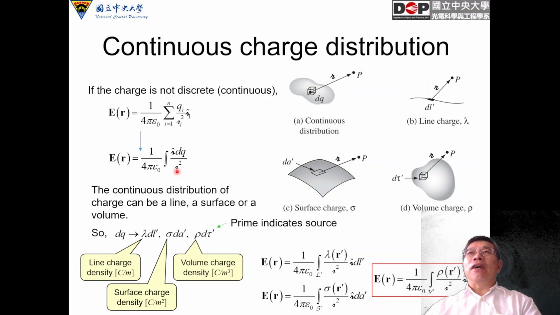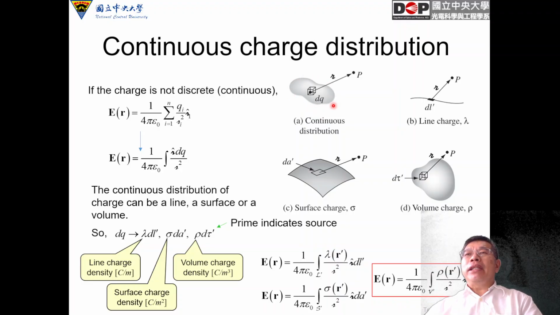So the distance from that particular source point to the observation point is r. We write things down like this. The only difference is changing the q into dq, which is a tiny bit of the charge, and taking the integration over the entire source space, the part of the space containing the source.